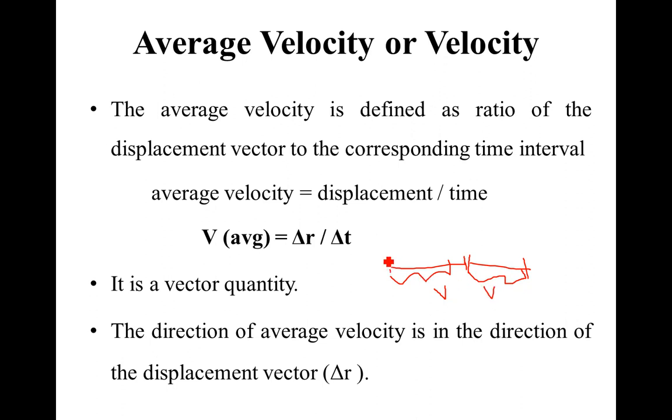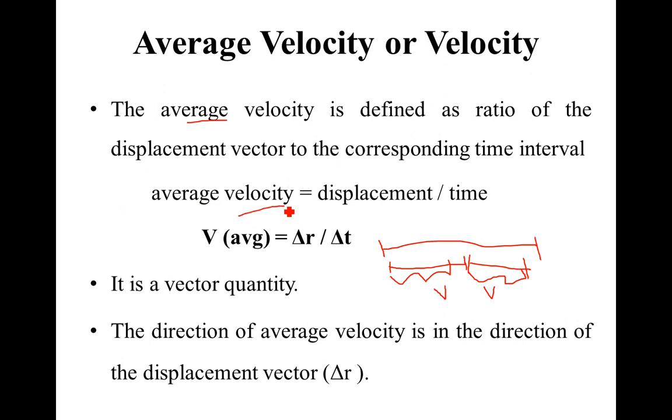So what is the average velocity for this person over the whole change in position or whole motion? It is the total displacement by total time. It is the average value. Average velocity is the ratio of the total displacement vector to the total time interval.